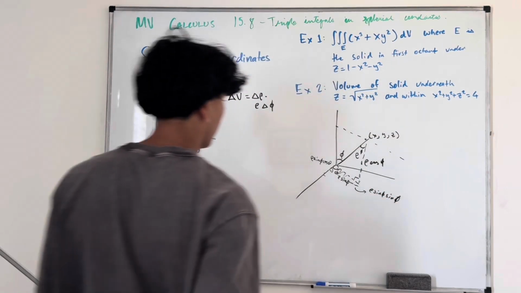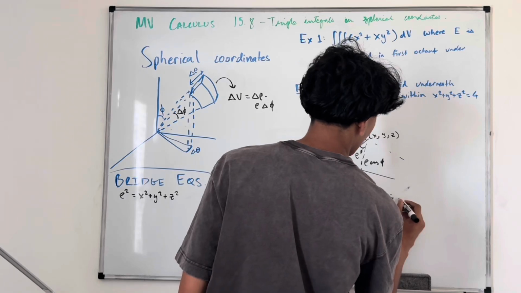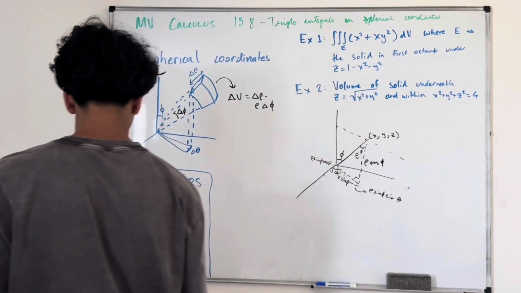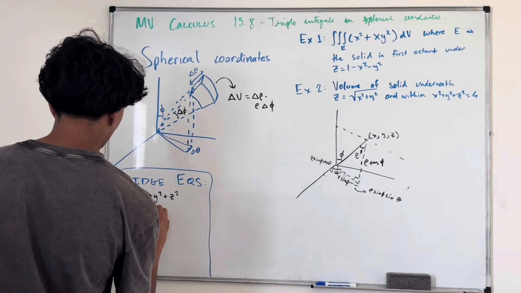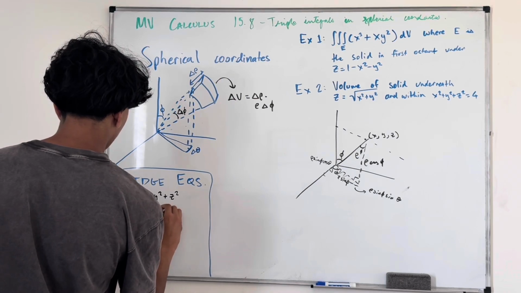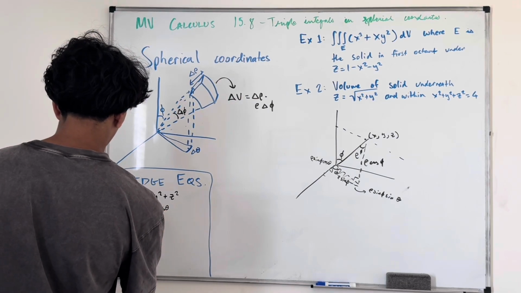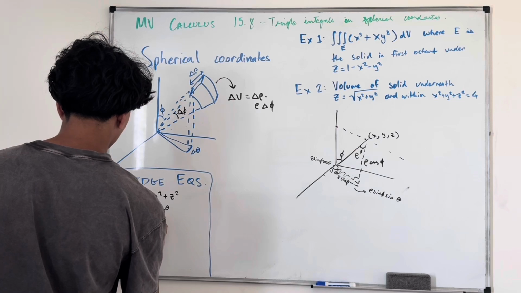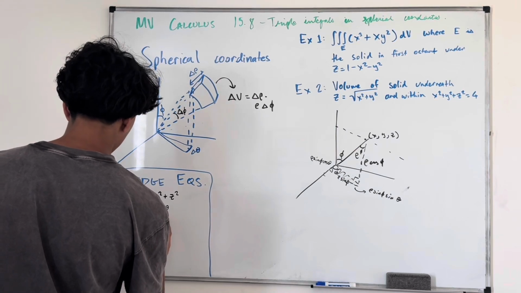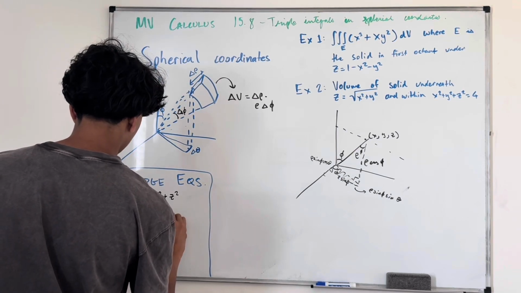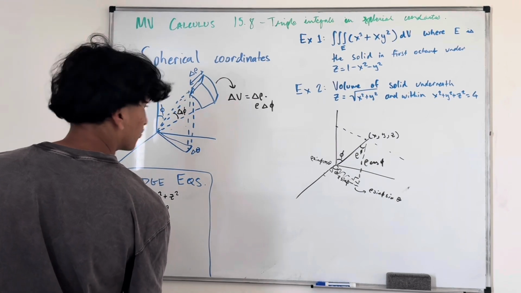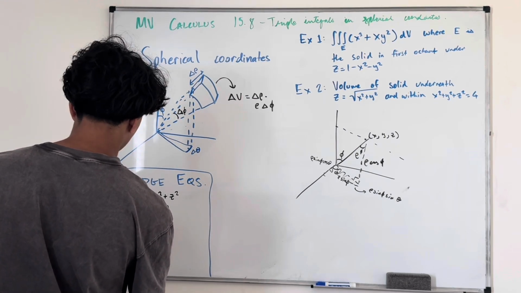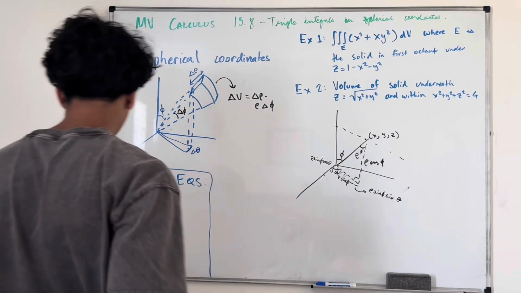So if I bridge this over, x is rho sine phi cosine theta. y is rho sine phi sine theta. And z is rho cosine phi.